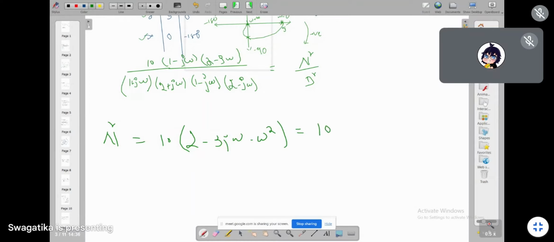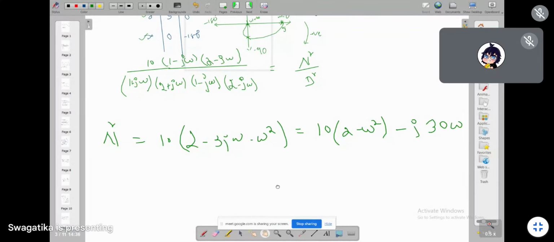Yes, ma'am. I am separating the real part and imaginary part. The middle term is only imaginary part, so it will be minus 30 j omega.